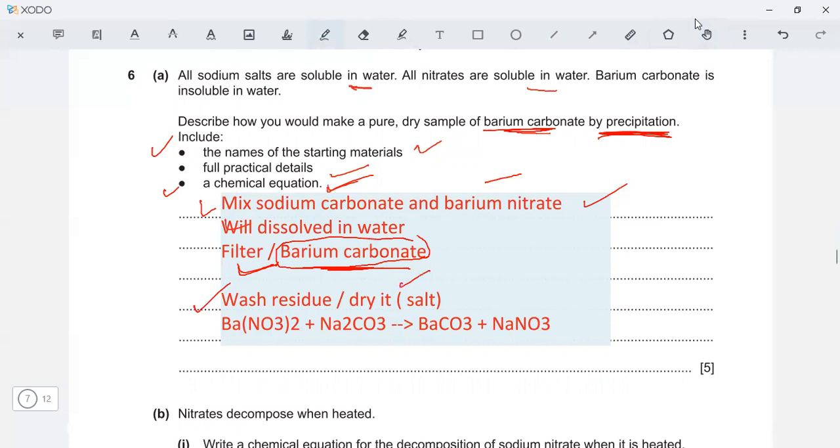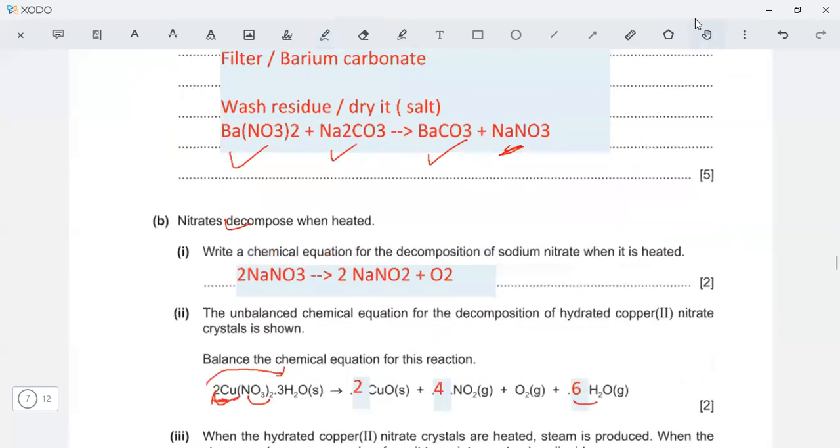That's going to be the salt, barium carbonate. And for the chemical equation, you can write barium nitrate when you add sodium carbonate, you get barium carbonate and of course sodium nitrate as well. So this is the chemical equation. Very simple, right? Now B.